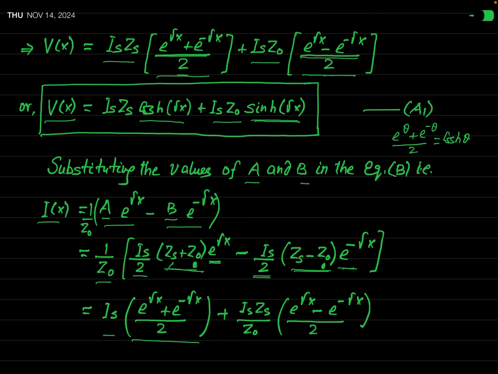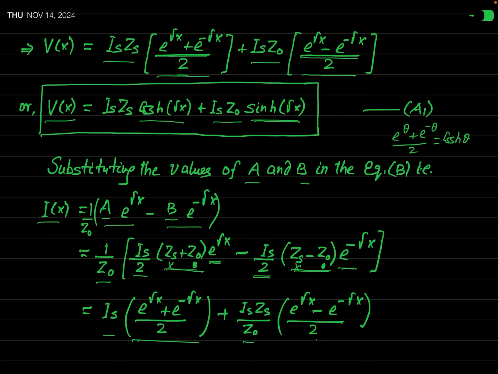Now I am crossing these two terms. You can see when you associate these two crossed terms, what will be your result? This will be in fact Is times Zs divided by Z naught times e to the power gamma x minus e to the power minus gamma x over 2.